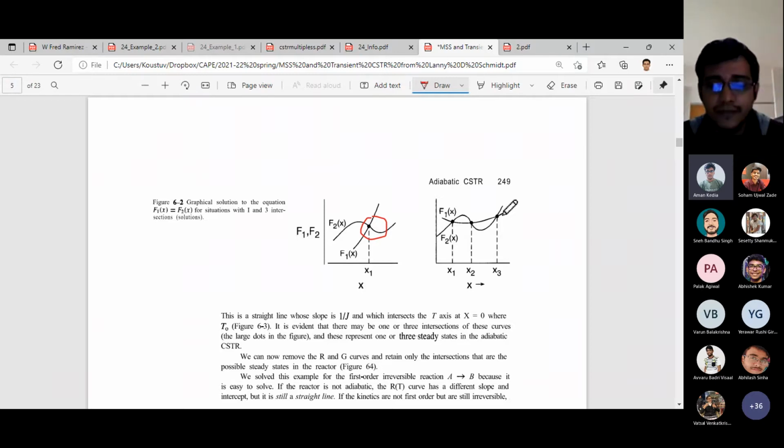From a mathematical point of view, you may discard some other roots, x2, x3, because they do not make physical sense, or they have occurred out of bounds.